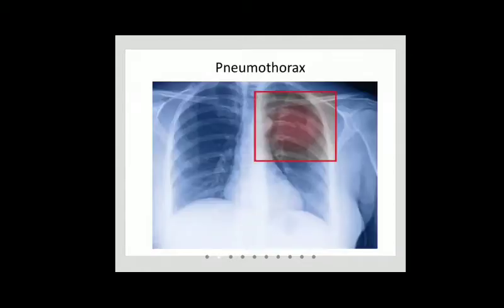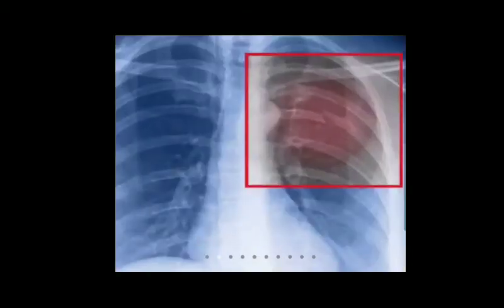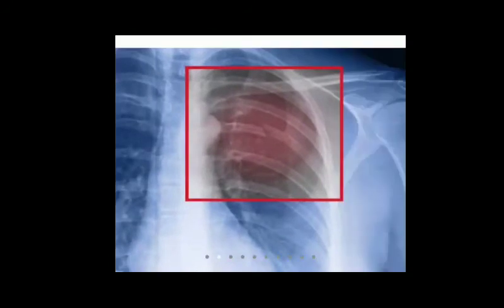What is the X-ray finding in this X-ray? What have you seen? Sir, broken rib. Yes, so rib fracture on the left side with pneumothorax. So what is pneumothorax?